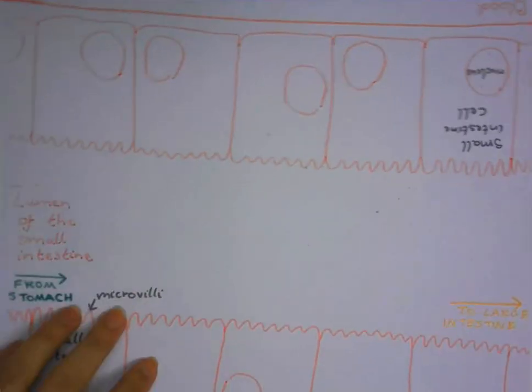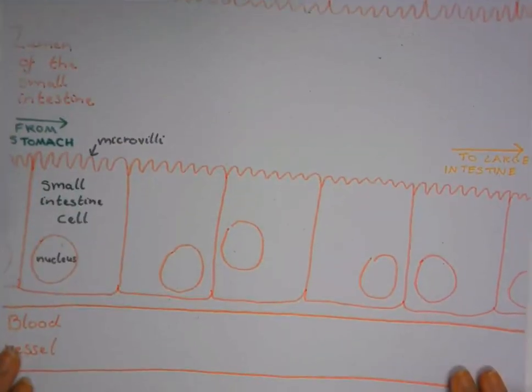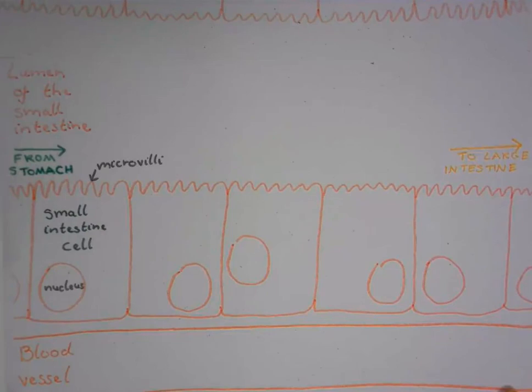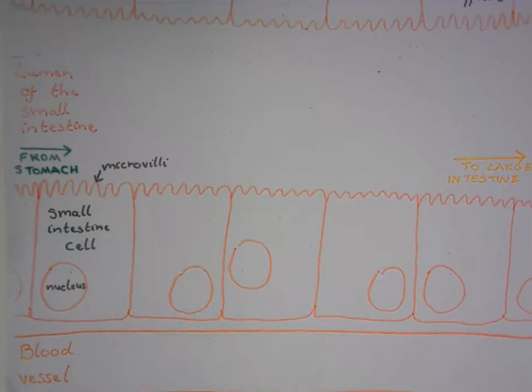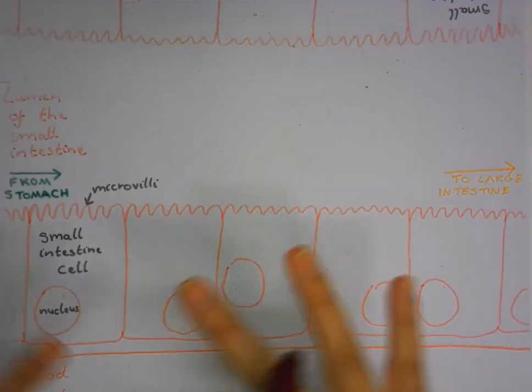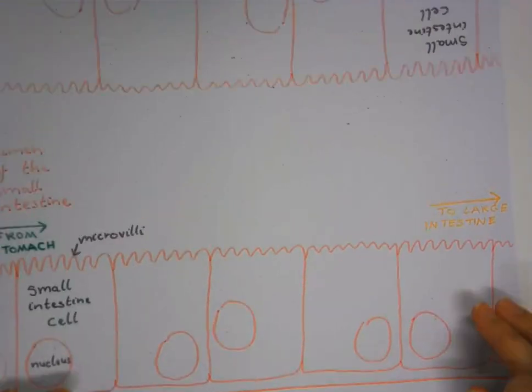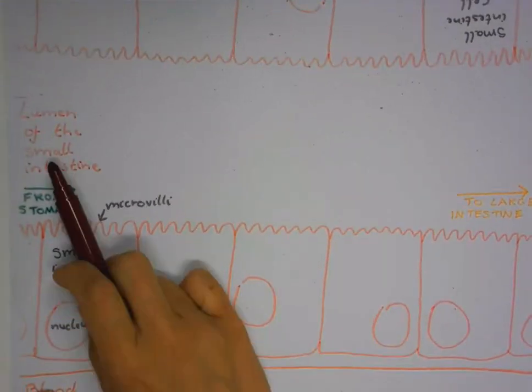So here I've got a small intestine that I've drawn up earlier. Now you can kind of think of the small intestine as a big tube, and there are cells on either side, these small intestinal cells. And next to these cells, we've got a very vast network of blood vessels.